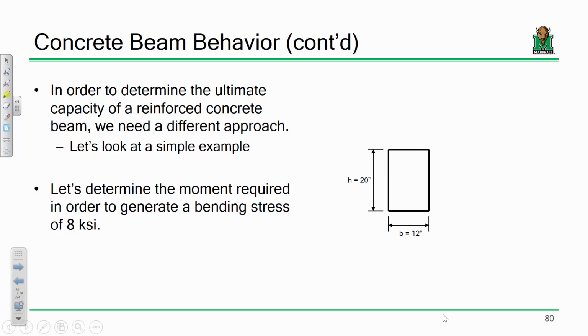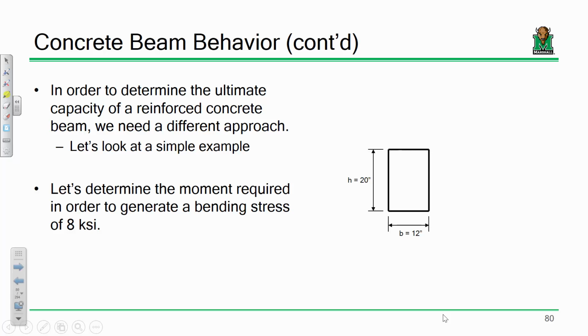I've got a beam that's 12 inches wide, 20 inches tall, just like the problem we just did, right? Now I want to know how much moment is required to generate a bending stress of 8 ksi, okay? I've got a beam, how much moment will generate a bending stress of 8 ksi?